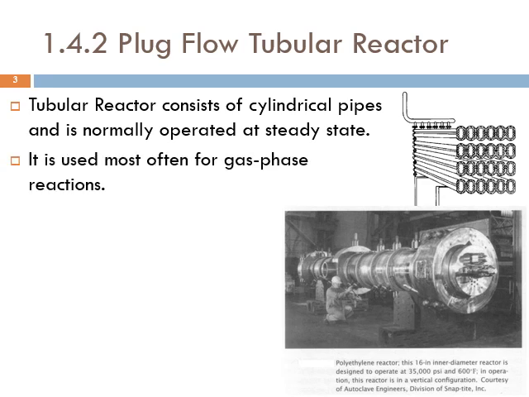It is used most often for gas phase reactions. As you can see in these two pictures, here we have a bunch of cylindrical tubes with small diameter, or here we have one large cylindrical tube, a large pipe.